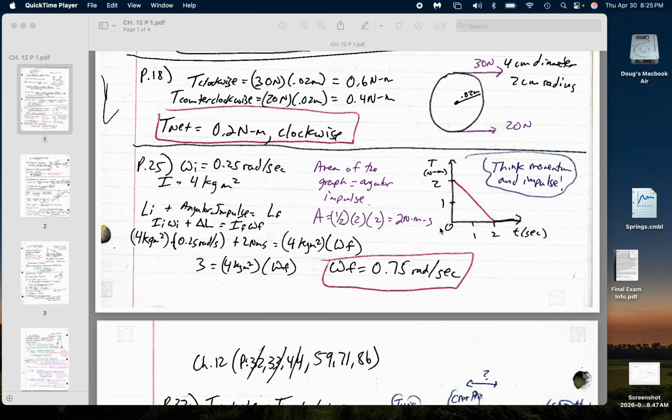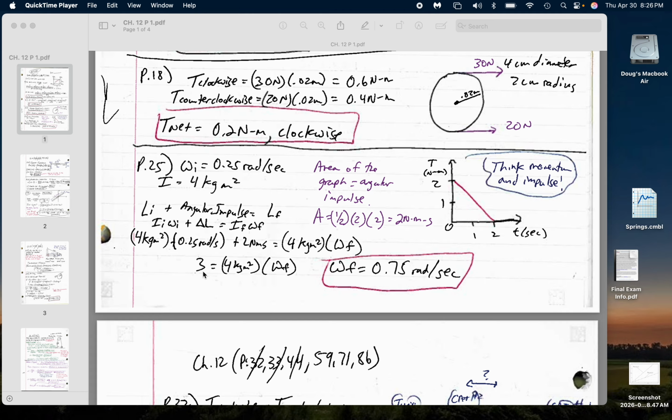So you have a positive torque over time. The area of that is going to equal 20 Newton meter seconds. So essentially the initial angular momentum is 4 kilogram meters squared times 0.25 radians per second. And then I add this, which is the area of the graph, and that gets me my final angular momentum, which is 3... is it Newton meter seconds, I guess?